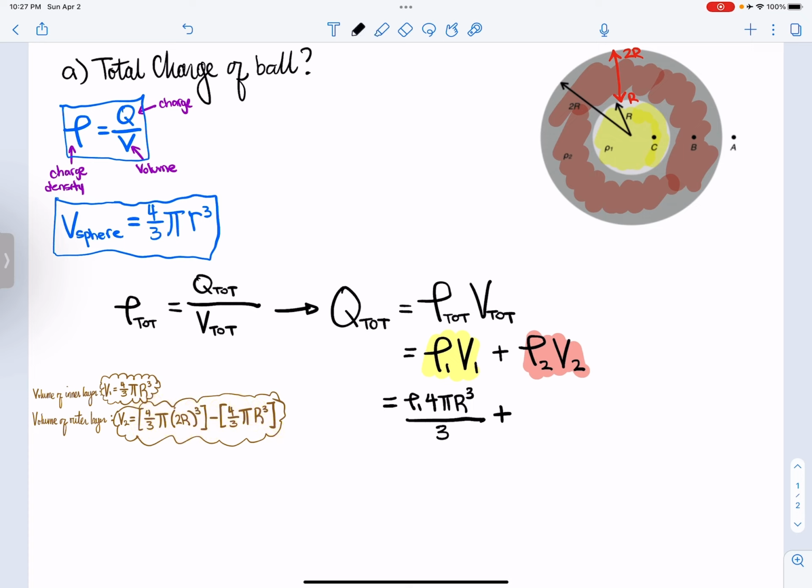So rho 2 times that would be 4 pi 8R cubed rho 2 divided by 3, minus 4 pi R cubed rho 2 divided by 3.